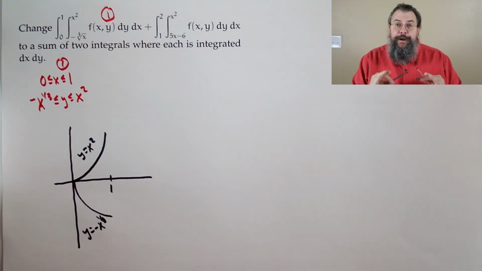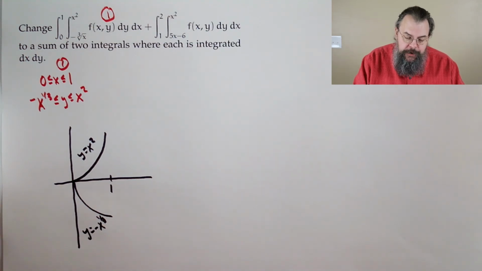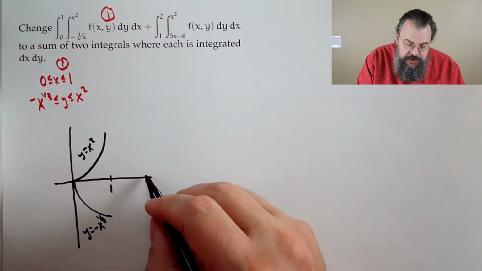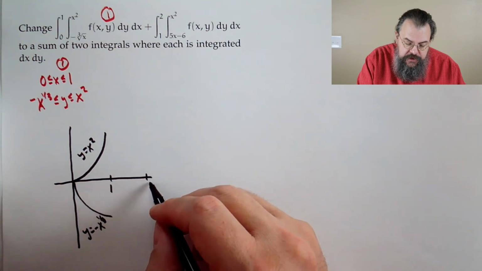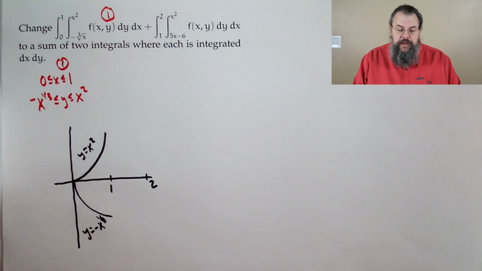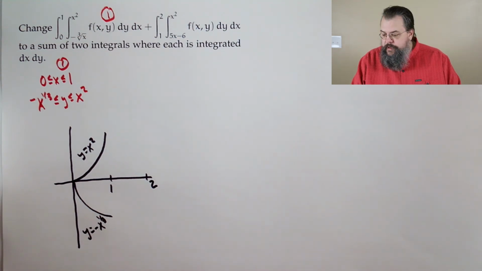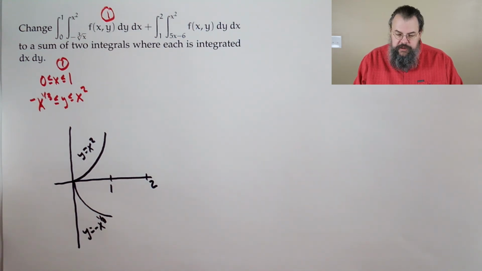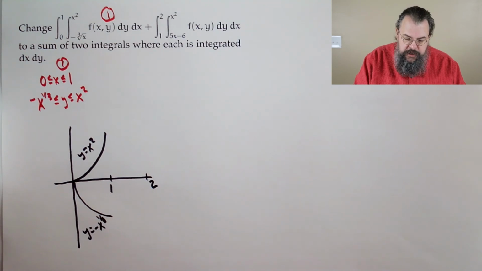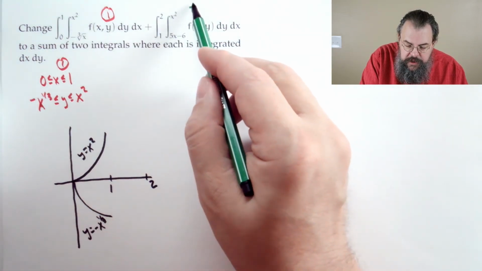So there's that part. And now we're going to add to that. We're going to go from 1 up to 2. Okay, so here's 2. And then what happens? Well, let's pull out our other color here.